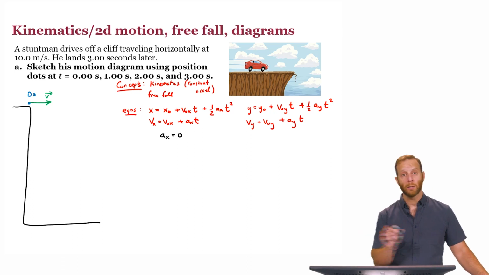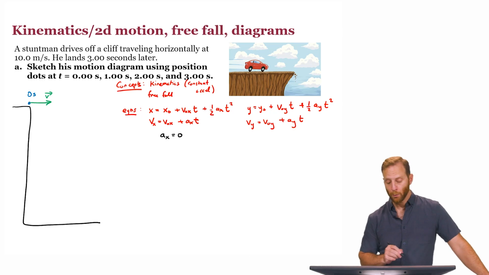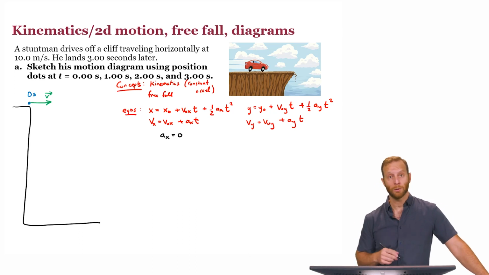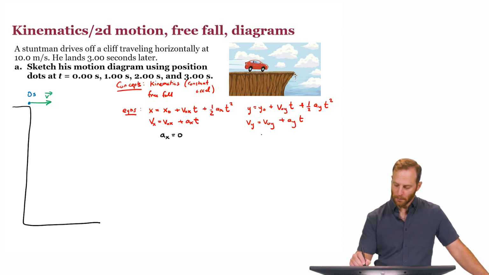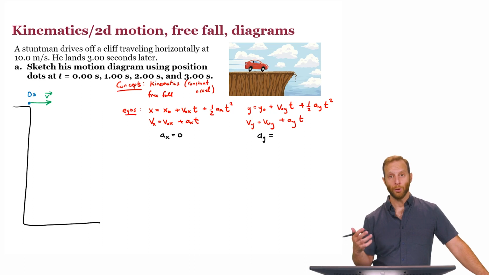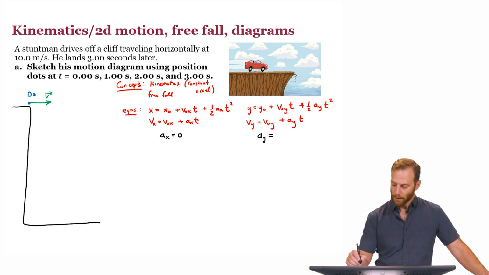There's no acceleration in the horizontal direction, which means its horizontal velocity stays constant. On the other hand, the acceleration in the y direction is always equal to g pointing down, and so the way we typically write that is minus g, where g is set equal to 9.8 or 9.81 or 9.80 meters per second squared on Earth.